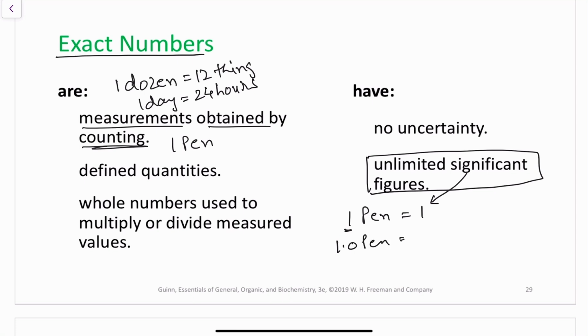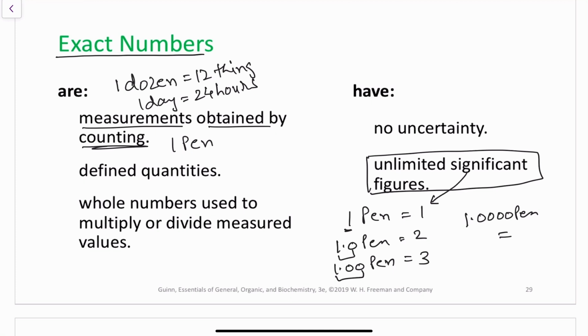It's still 1, but the number of significant numbers increases by 1, to 2. If I say 1.00 pen, right now I still have just 1 pen, but how many significant numbers do we have? 3 significant numbers. Similarly, I can have 1.0000 pen.